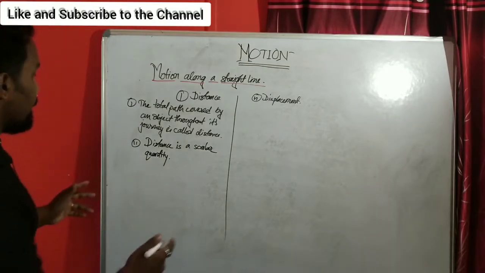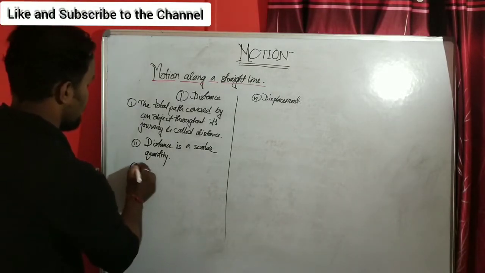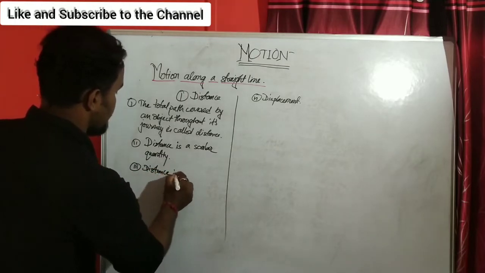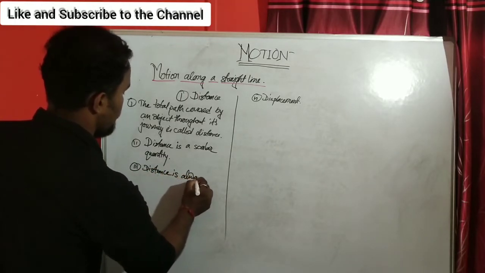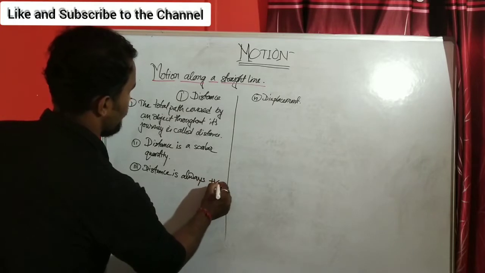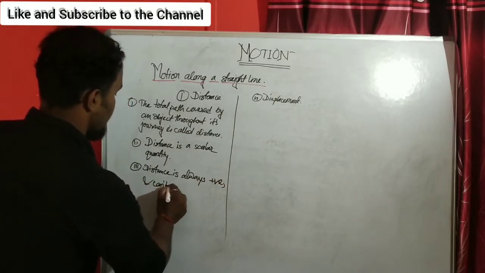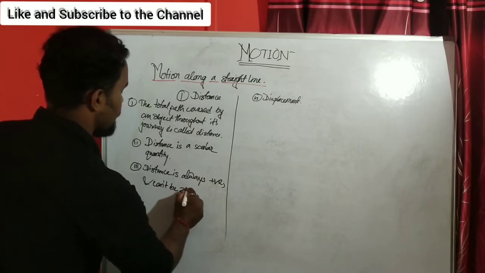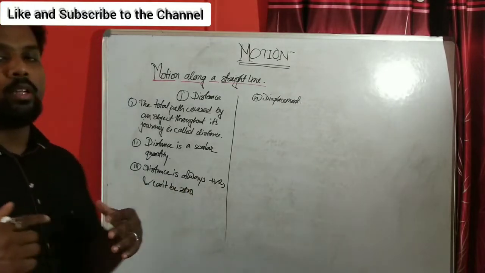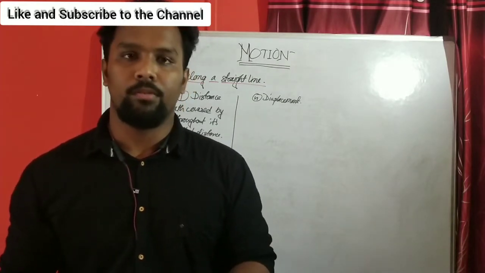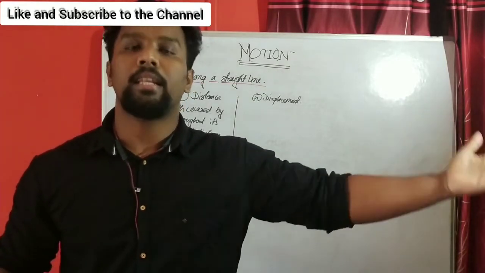Again, one more property is that distance is always positive and can't be zero. If we measure a distance from one position to the other, it will always be positive. We will never get a negative distance.